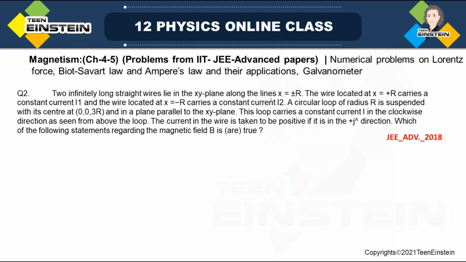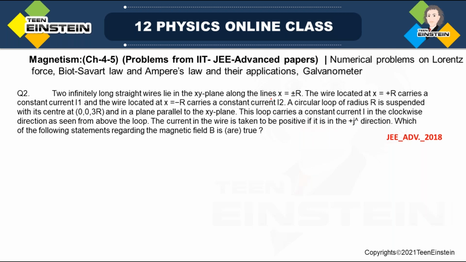Look at this. The question is that at this particular position, the magnetic field should not be 0 at the origin. Magnetic field cannot be 0 if I1 and I2 are equal. Okay, you don't know the direction. So at the origin, if the magnetic field has to be 0, then the magnetic field produced by this wire and the magnetic field produced by the other wire have to be equal and opposite.